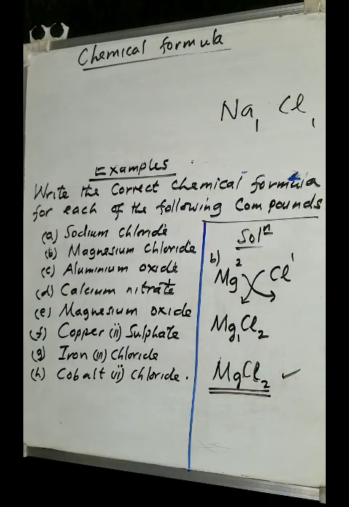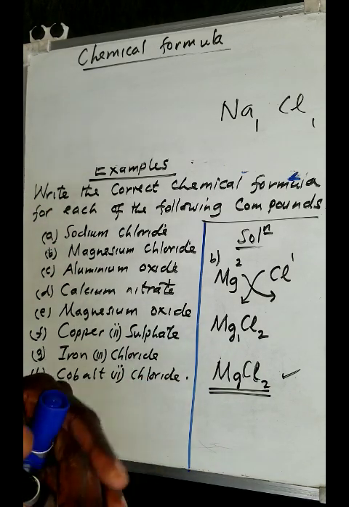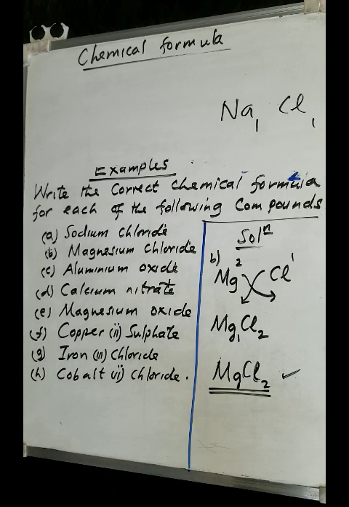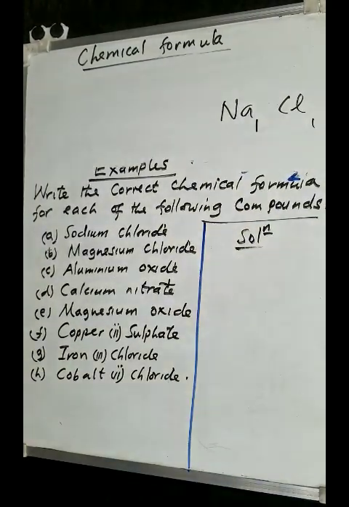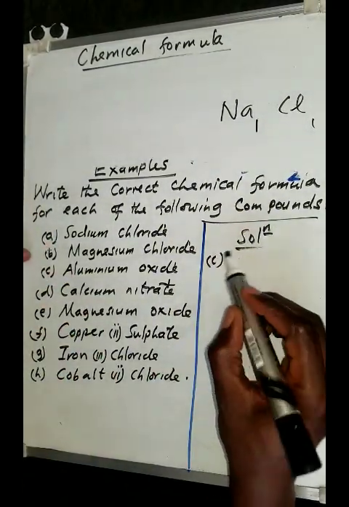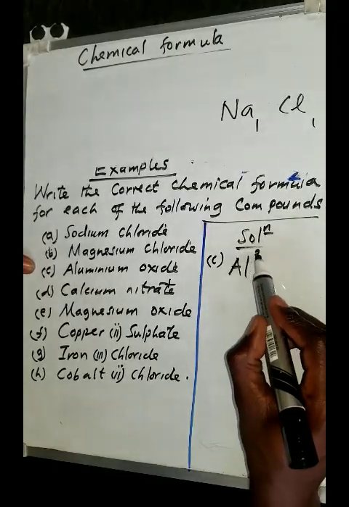You need to remember, this is not complicated. Once you know how to write these chemical formulas, I can assure you, you will not have problems when it comes to writing formulas and hence balancing them. Let's move on to the C part, which says aluminium oxide. Aluminium is in group 3, so it has a valence of 3.